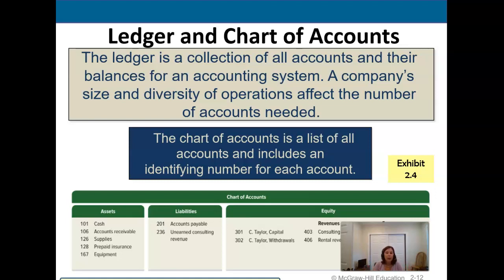But the chart of accounts is basically a list of all the accounts housed under each of the assets, liabilities, and equity umbrellas. And so those are the accounts that we are going to be using once we've analyzed our source documents and it's time to decide what accounts those transactions fit into.